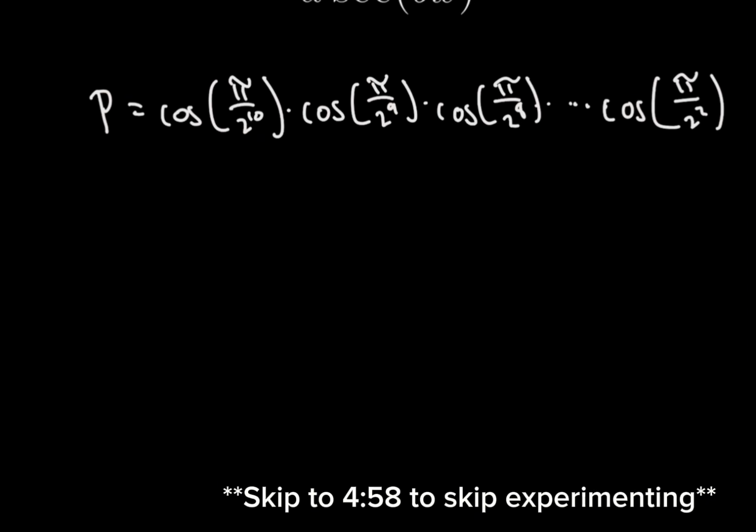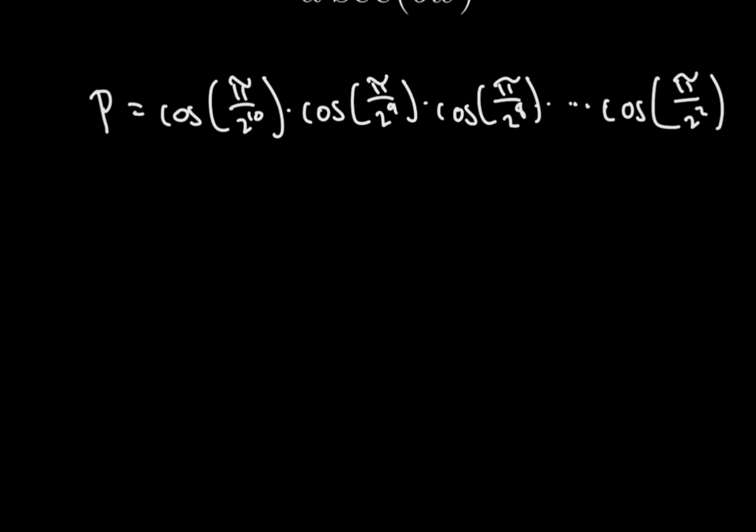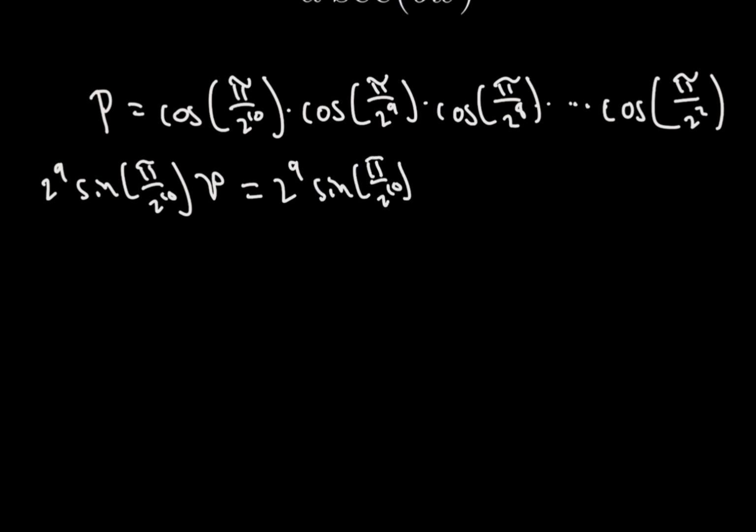With a little bit of thinking, we'll find out that the answer to this question is actually 2 to the 9th because we have 9 cosine terms right here. If we multiply both sides by 2 to the 9th times sine of pi over 2 to the 10th, we're going to get that 2 to the 9th sine of pi over 2 to the 10th times our p is going to equal our 2 to the 9th sine of pi over 2 to the 10th times the rest of this stuff, right?